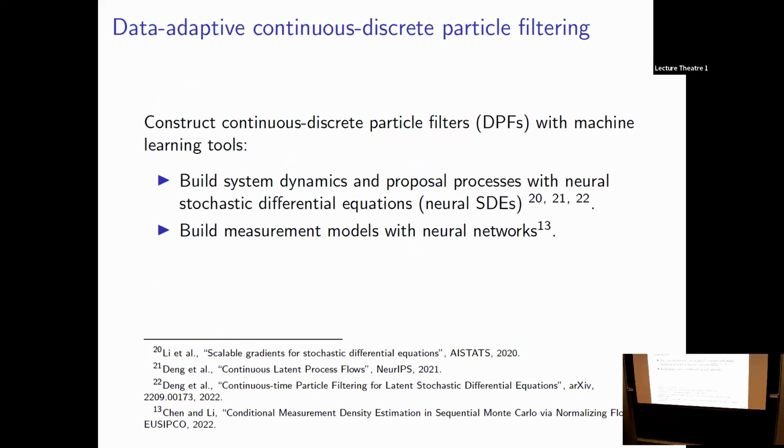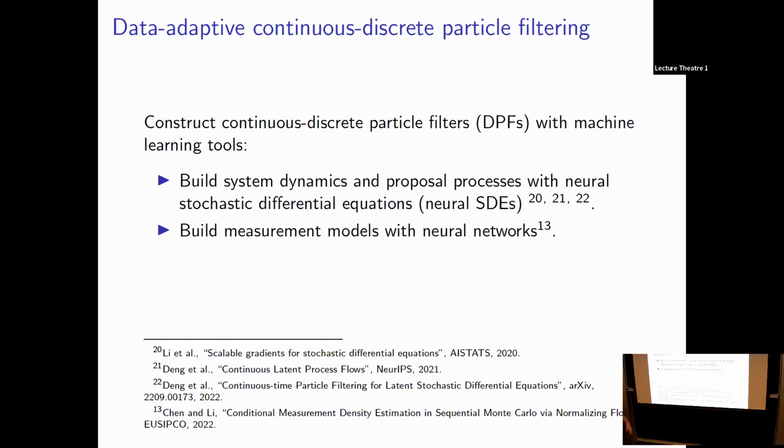The goal here is to have a data adaptive continuous discrete particle filtering. So we build the state dynamics and proposal using neural SDE, and also we build the measurement model with a neural network. Essentially, we build that measurement model using the conditional normalized flow that I just mentioned.